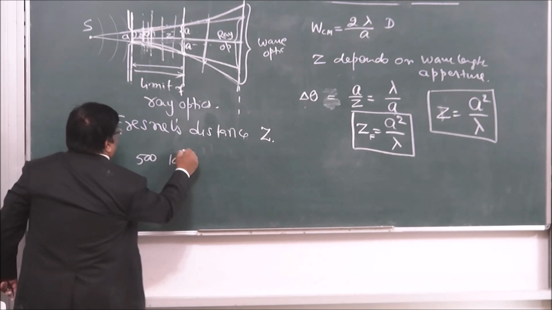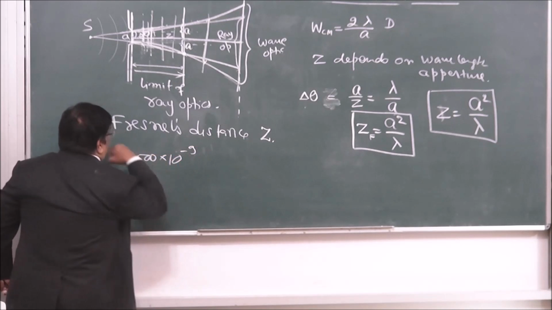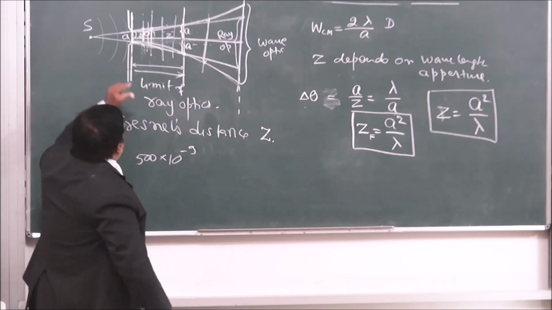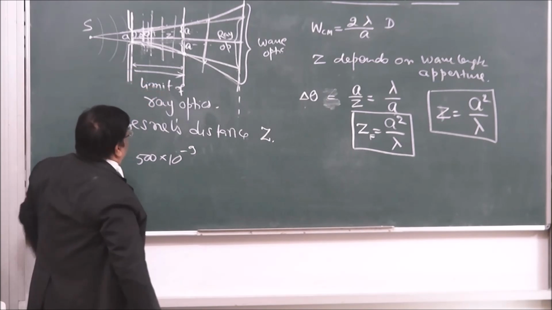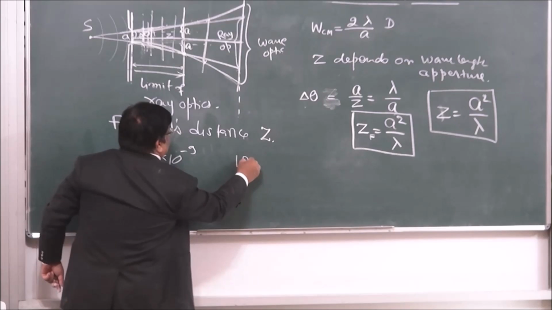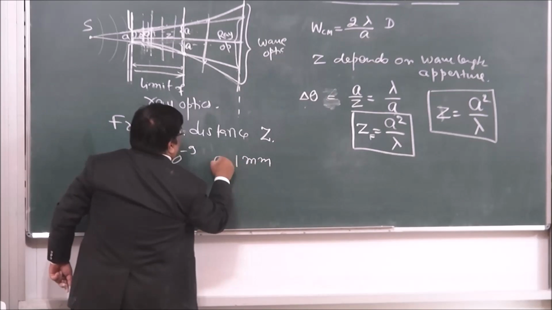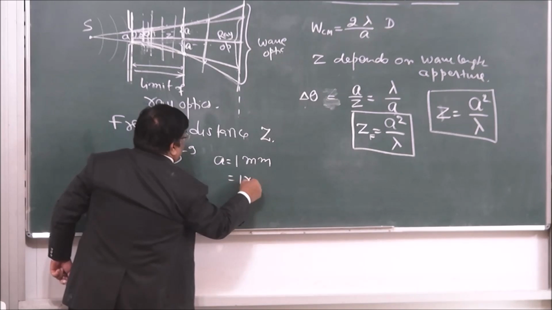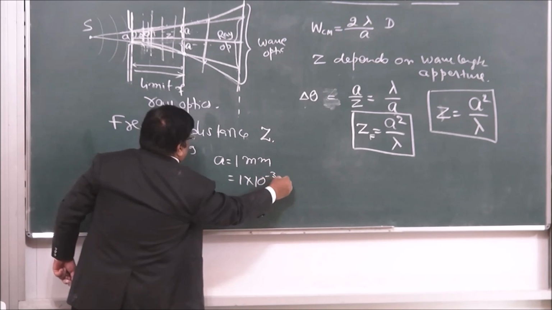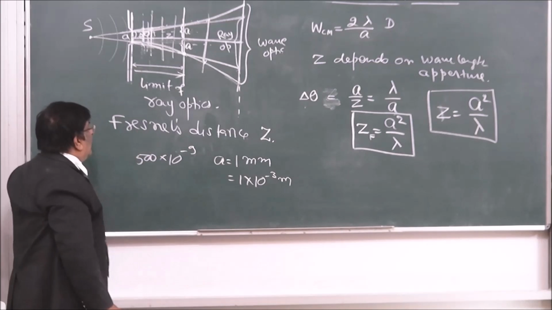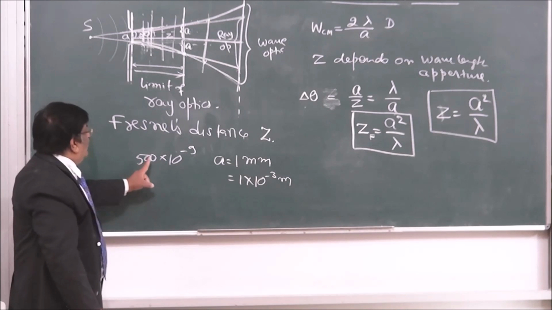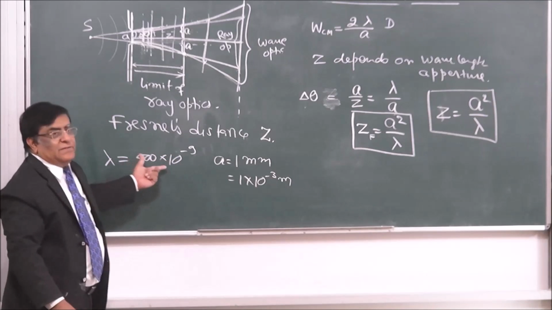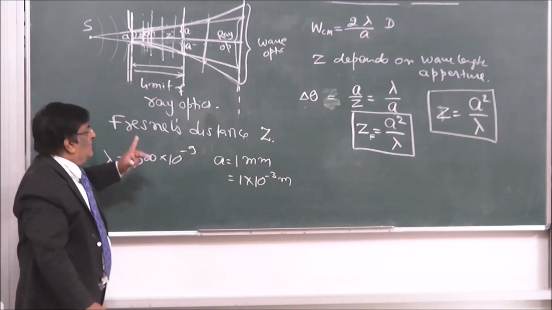500 nanometer. This is wavelength. The opening we have taken as 1 millimeter. A, that is 1 into 10 to the power minus 3 meter. Then, if we are working with a light which has got wavelength this much, this is yellow light, approximate.